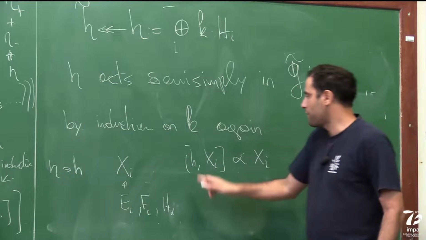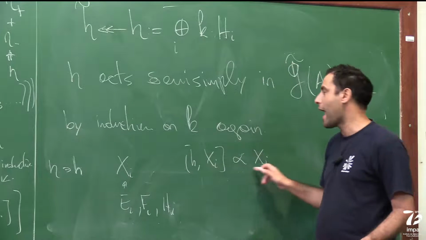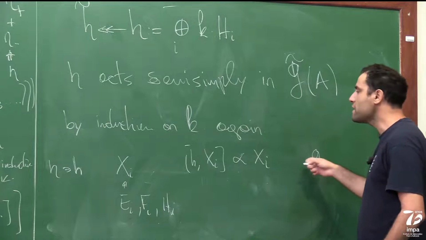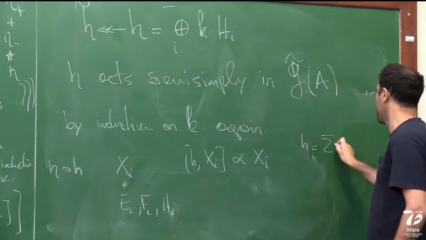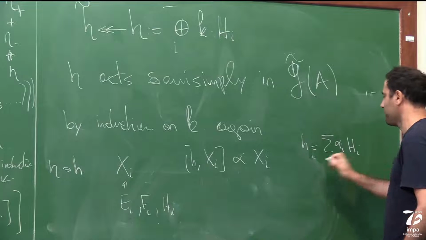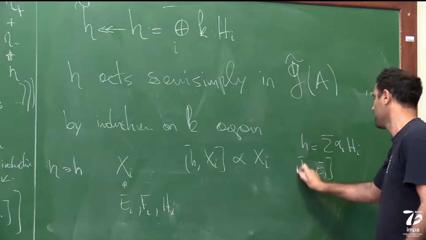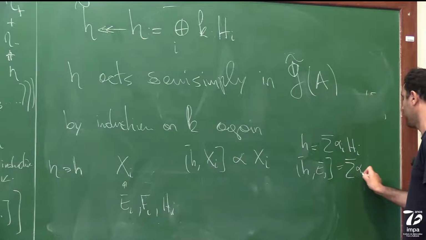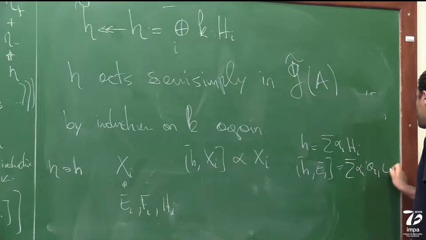And this is true. If this guy is an ei, then it's just another ei. It's aij, is a linear combination. This h is written as a sum of alpha I hi, and h bracket ej is therefore a sum of alpha I aij ej.